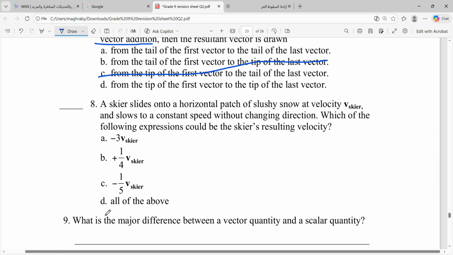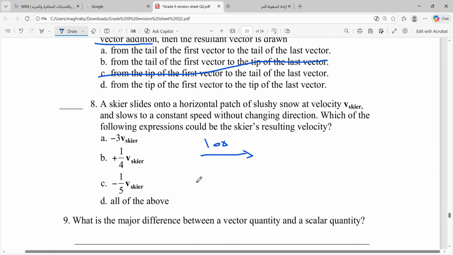A skier slides onto a horizontal patch of slushy snow at velocity v and slows down at constant speed without changing direction. So what does it mean by that? The velocity was just like this, for example 100 km/h, and he slowed down.